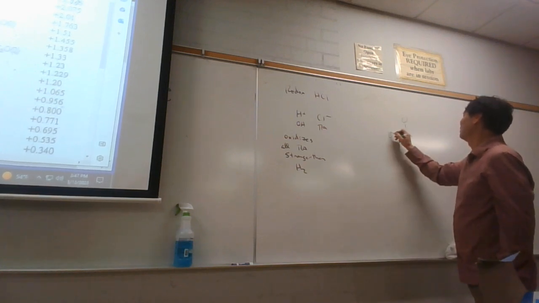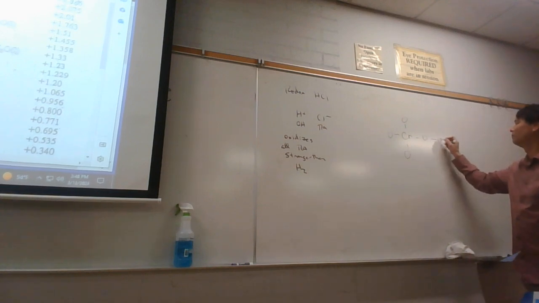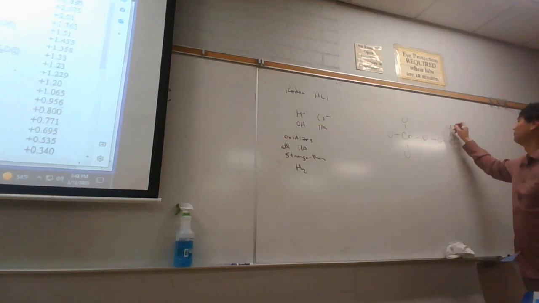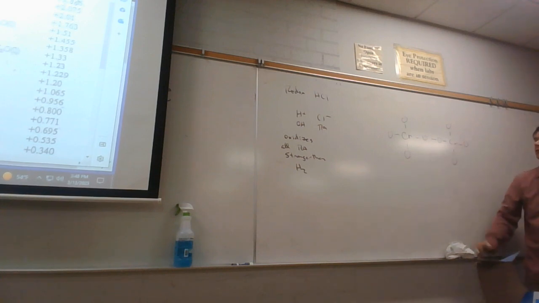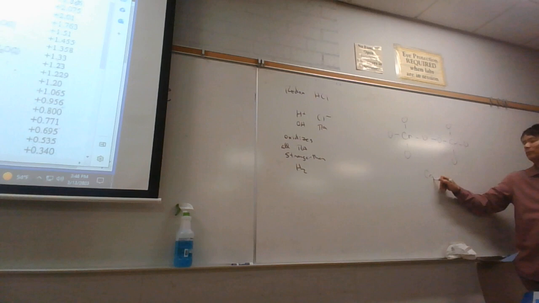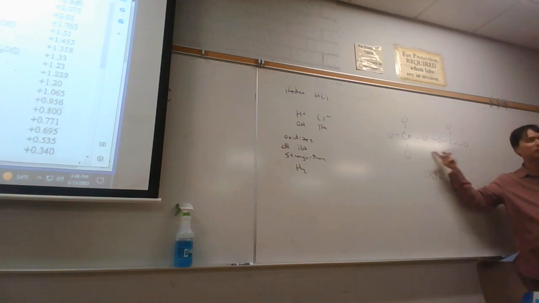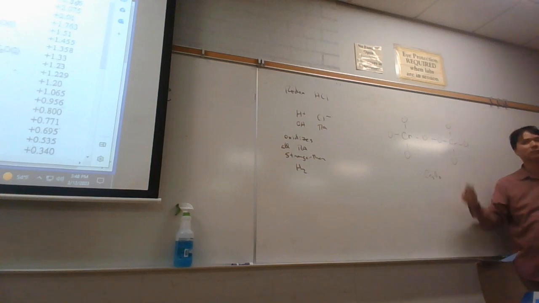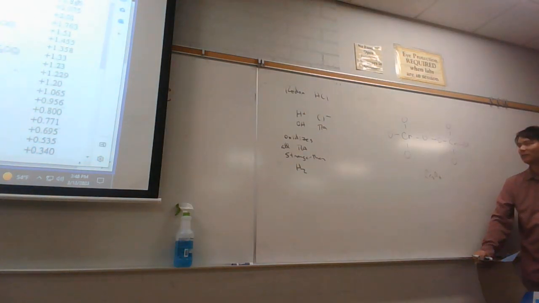If we have CrO4 and we have 2 of them, shouldn't that be Cr2O8? That's 2 chromates put together. Do you see that? Cr2O8. But it's not. Do you know why?